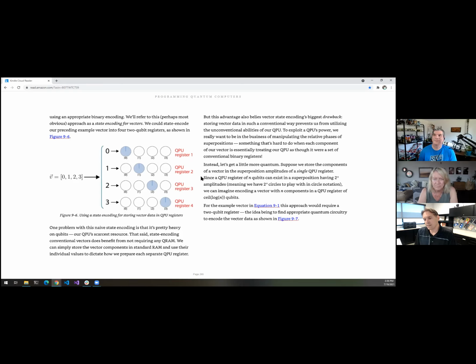And it's like, oh yeah, well, let's do it in a way that actually exploits the whole reason why we're here. Cool. QPUs. So it talks about how we can store this in a single QPU. And so I'll go over the next one.